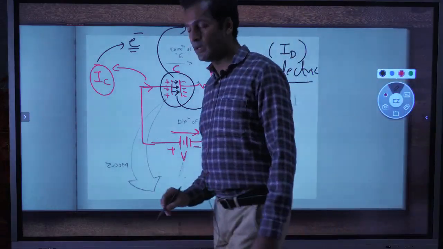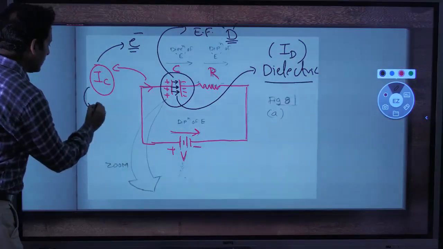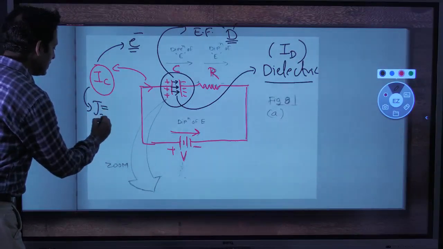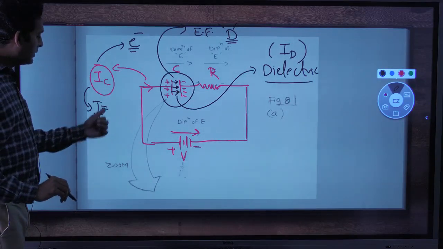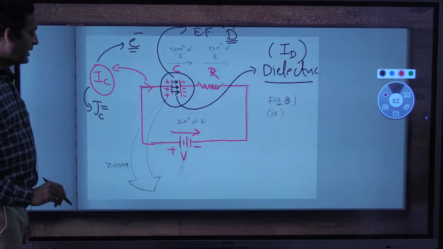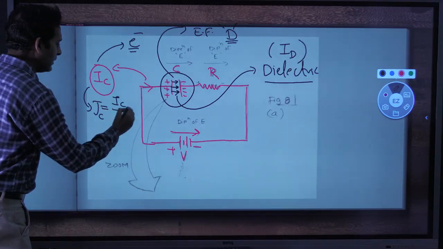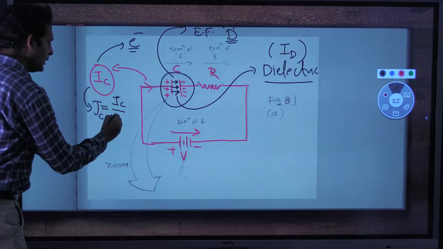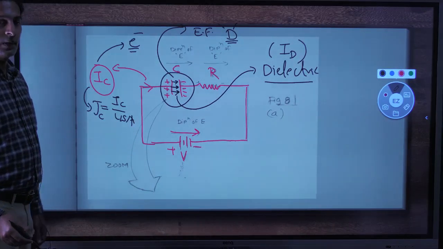For IC, the conduction current, there will be a density which we term current density JC. For all densities, how do we define it? It is the current per surface area. So JC will be equal to IC divided by the surface area.